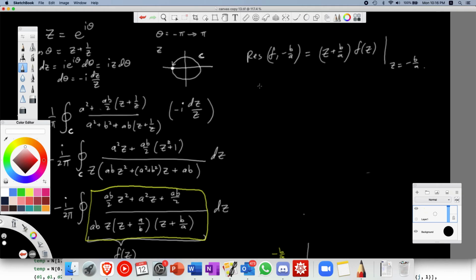So let's just plug it in. It's a bit more tedious, but you can still get an answer. Spoiler alert, it's just half. Now I'll just do out all the steps here.